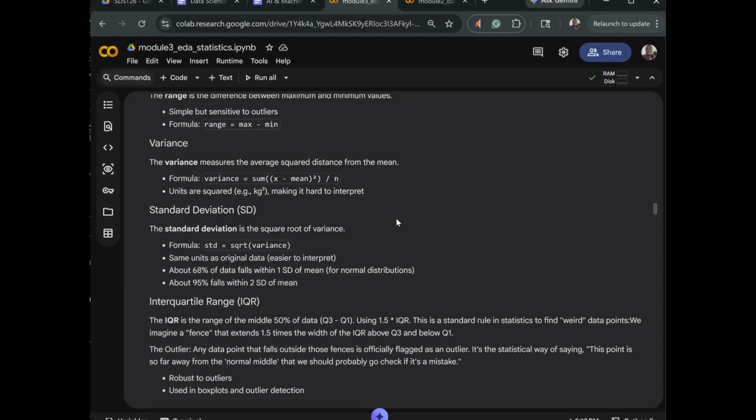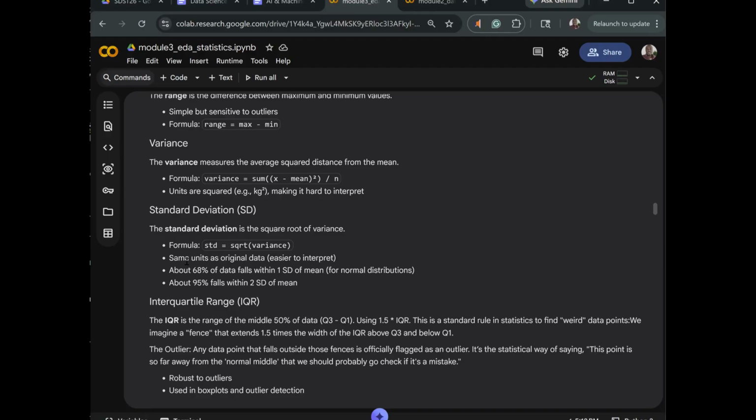As a result, we use the standard deviation, which is the square root of variance. The moment we square root the variance, we bring it back to the same unit as the original data.